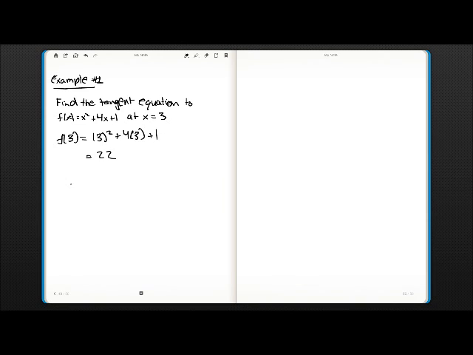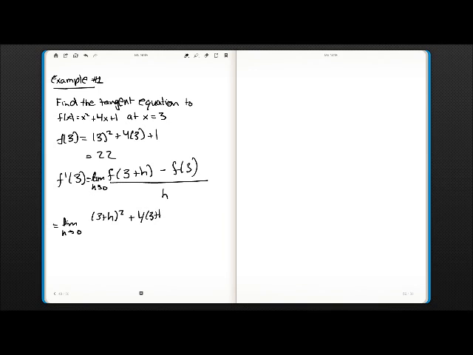Then we use the definition of derivatives. So f prime at 3 equals the limit, I forgot the limit, it's important to put this, as h approaches 0 of f at 3 plus h minus f at 3 all over h. We can sub these values in, and that will give us (3 plus h) squared plus 4 times (3 plus h) plus 1 minus 22, that we found as f at 3, all over h.